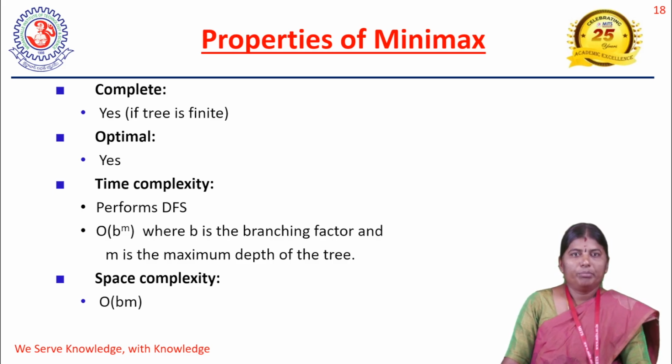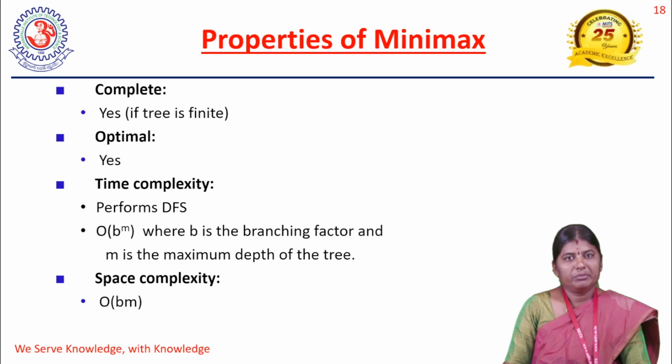Then the time complexity of the Minimax algorithm. Since it explores depth first search, it travels from the root node to the leaf node, and explores all nodes in such a way. So the time complexity of the Minimax algorithm is order of b power m, where b is the branching factor and m is the maximum depth of the tree.